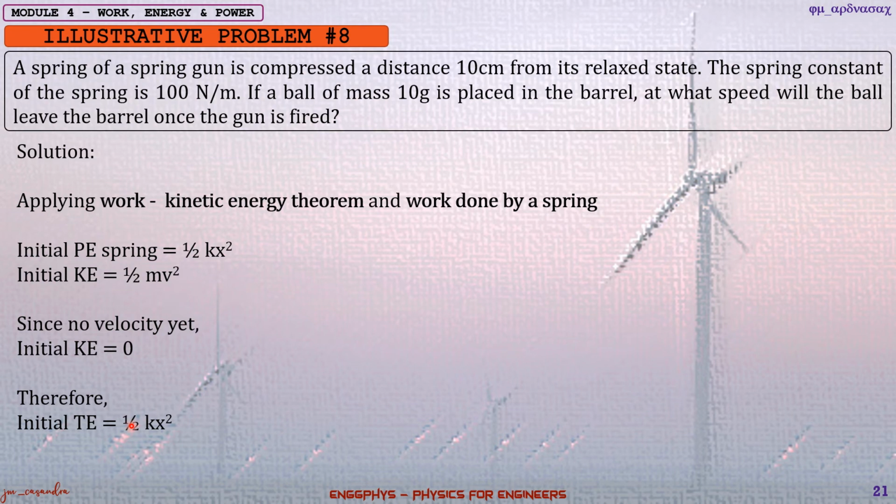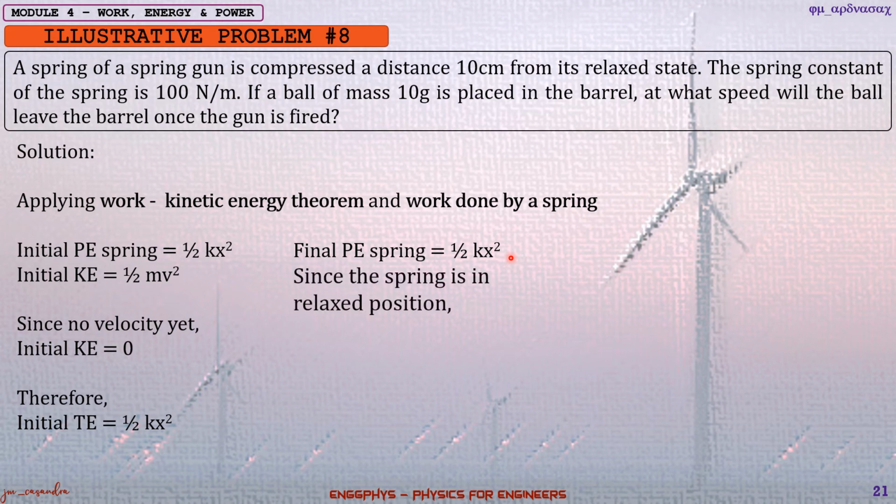Okay, so let's move to our final values. We have our final potential energy of the spring, which is 1/2 kx squared. But since the spring now goes back to its relaxed position, our final spring potential energy is equal to 0.